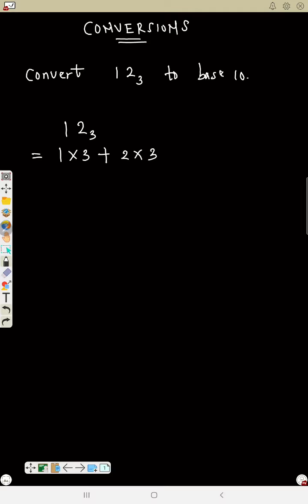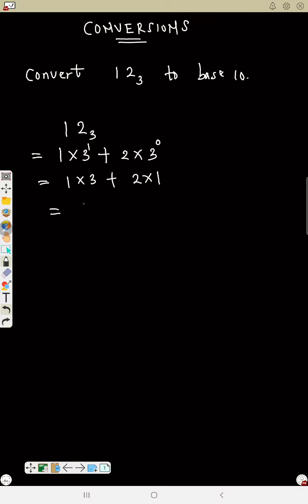So now start numbering from the back like this: 0, 1. So now this will be what? 1 times 3. Why? Because 3 raised to power 1 is 3, plus 2 times 1. So why 1? Anything raised to power 0 is 1.